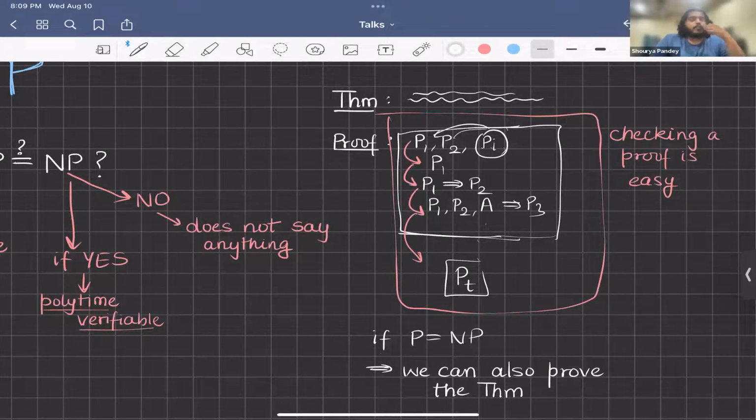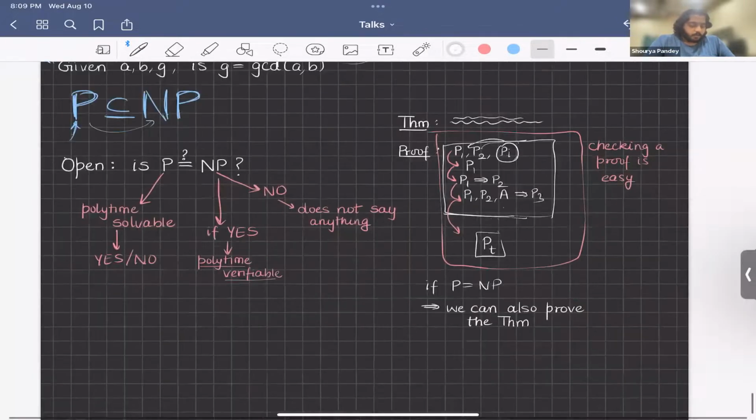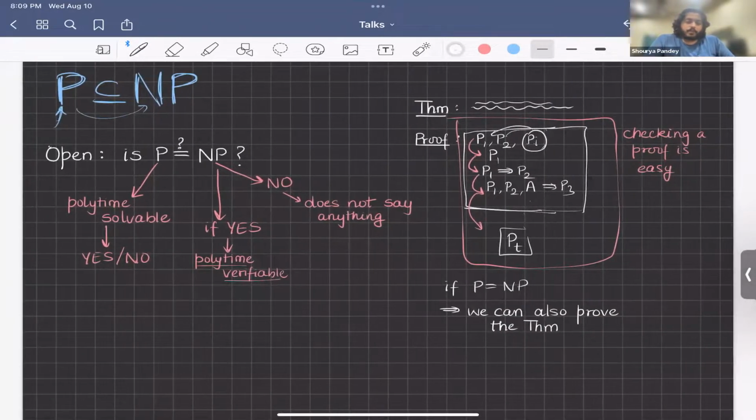No matter how complicated proofs are, think of a theorem that has some proof, and a computer can go through the proof and know whether it is correct or not. That means that if P were equal to NP, then the computer could also come up with a proof in polynomial time. And so we don't even need mathematicians. I mean, everything can be done by computers.